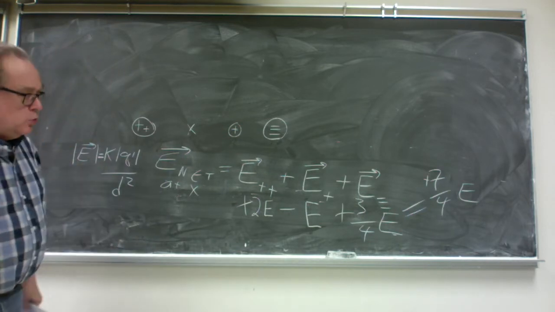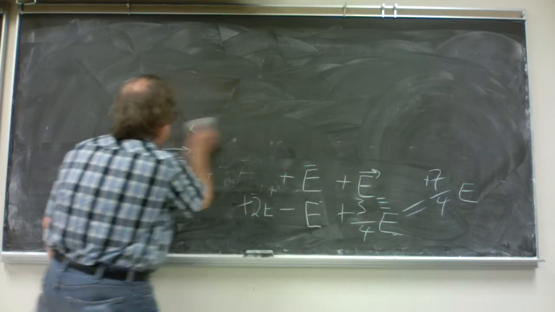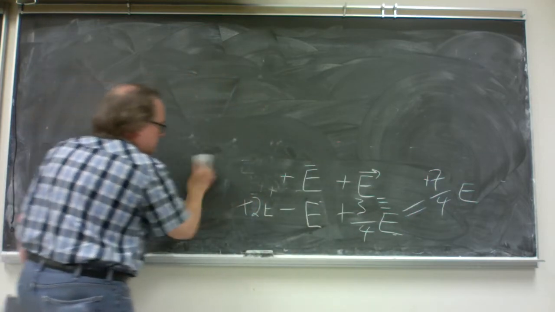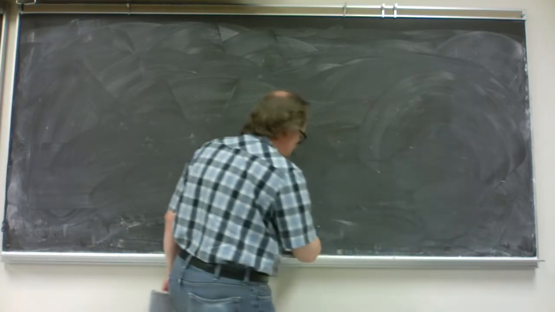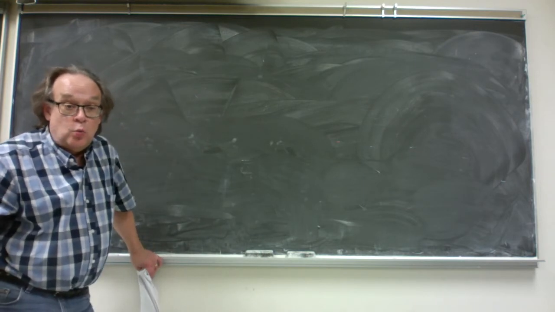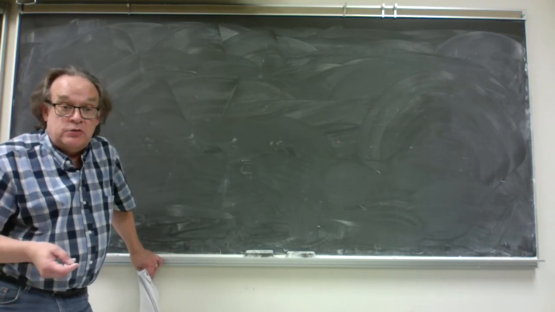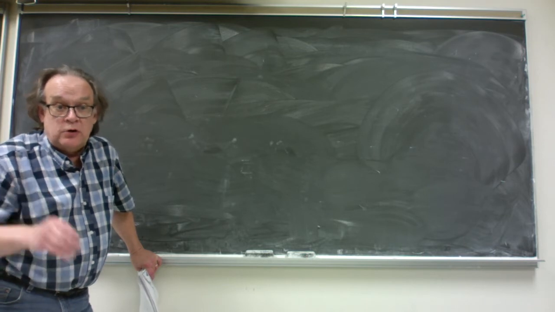Right. The one new idea that I need to mention is this. When we represent fields pictorially, there are 2 ways to do it. One is just to draw a bunch of arrows to represent the vector field at various locations.